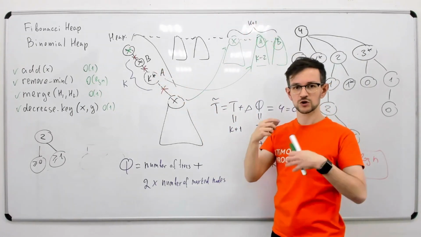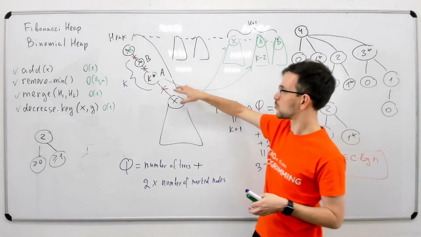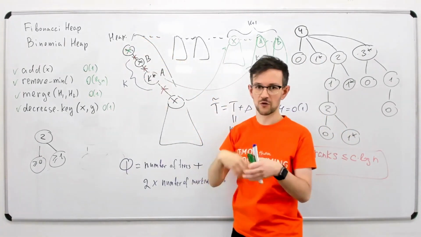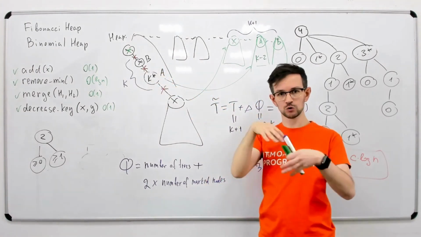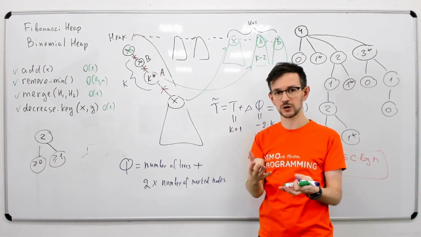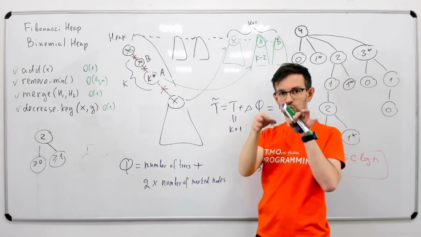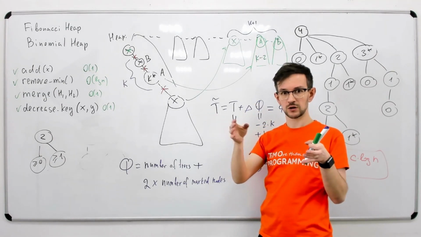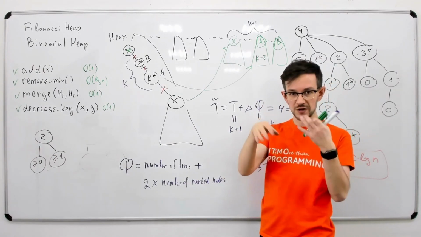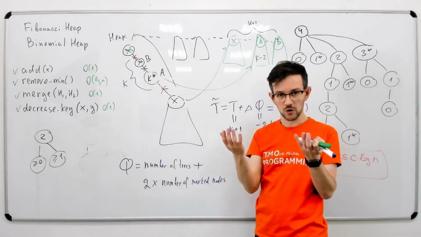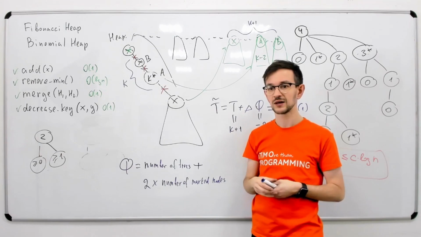And here you put 2 coins for the future. So each time you have this bad element which lost one of its children, you just reserve 2 coins for the future. And in the future, when you go to this element and fix it, you get these 2 coins to fix something like that.